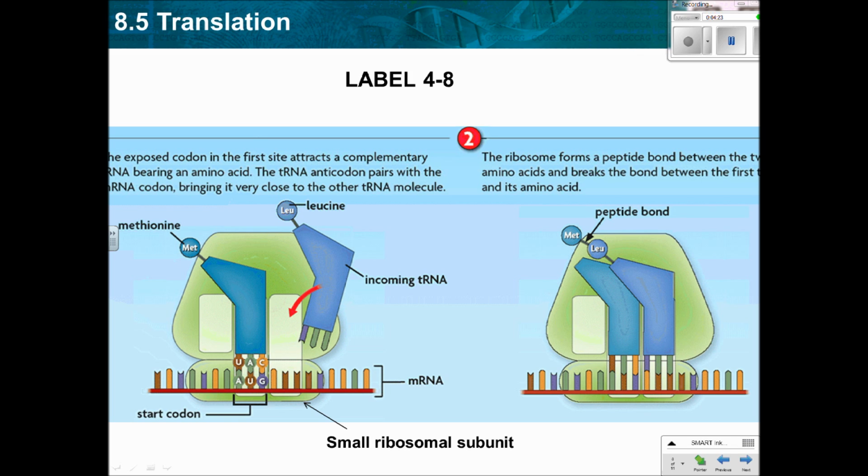And now we have a little more complex here where you can actually see this code. But let me see, what are we filling in on this one, you guys? You could definitely get 2, correct? Peptide bond. We can get 7. Yeah, 7. We can get 6.